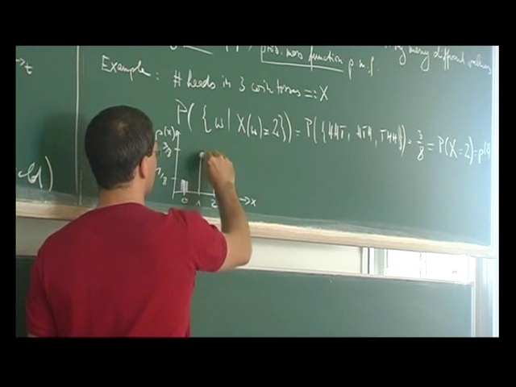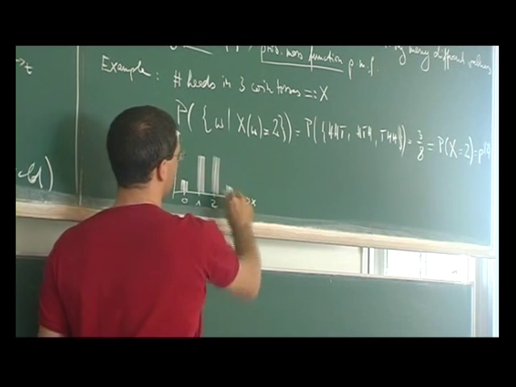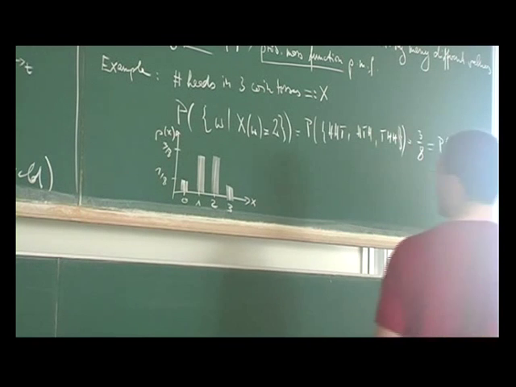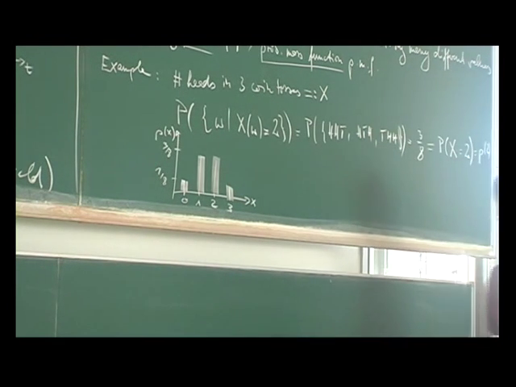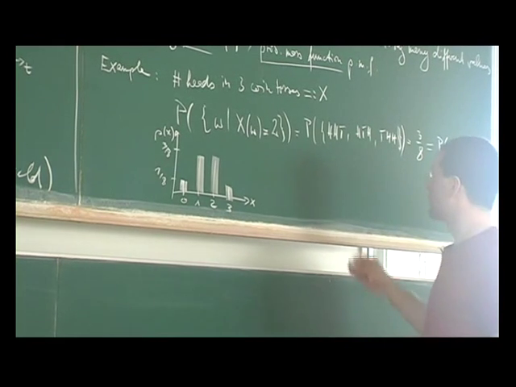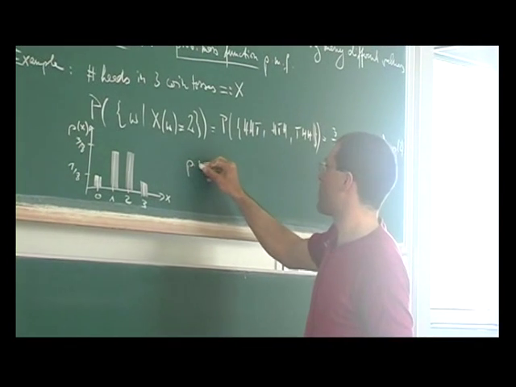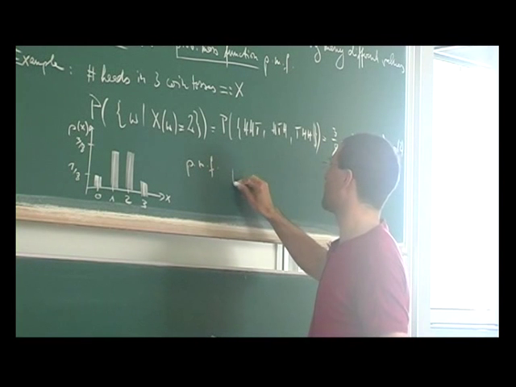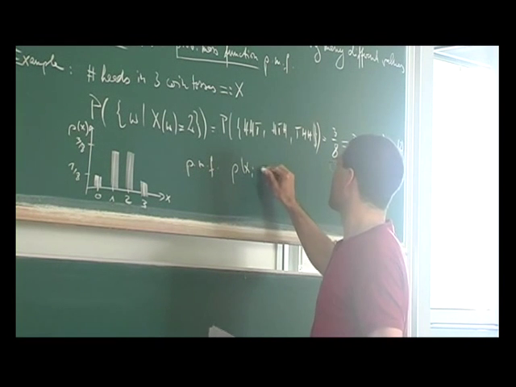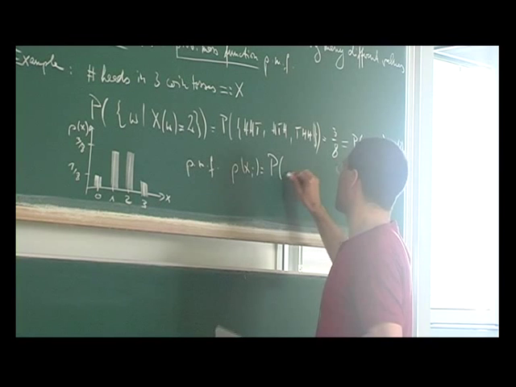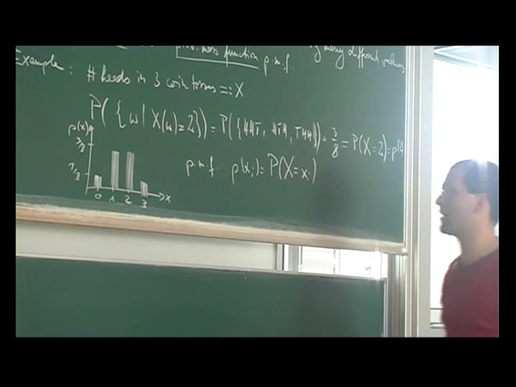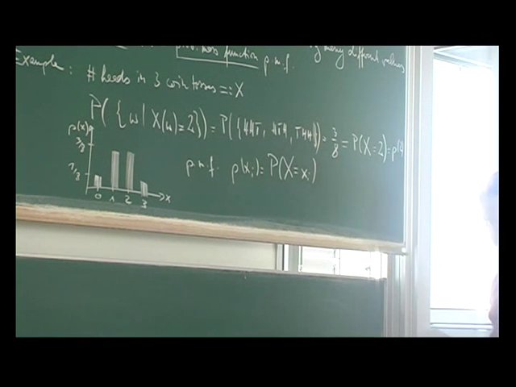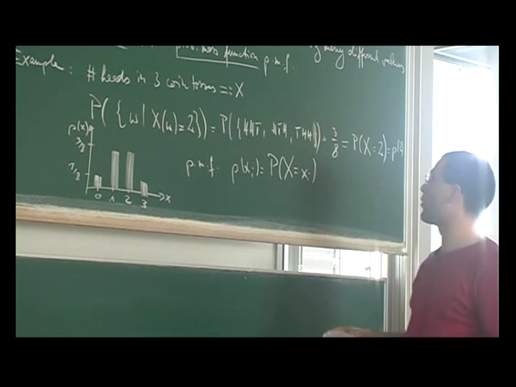So what you see here, these 4 bars, are my probability mass function p of x. The probability mass function p of xi is given by the probability that the random variable takes on this particular value, and it's normalized.